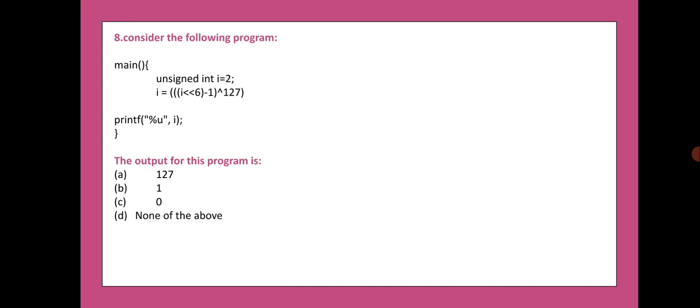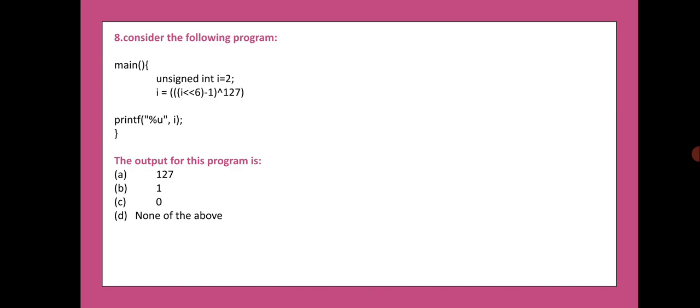What is the output of this program? i << n times is equal to 2 power n times, since it is 2. Here it is 6, hence it will become 2 power 6. When you are doing this expression, there is a semicolon missing there. So while you are typing in your compiler, put a semicolon after that expression.